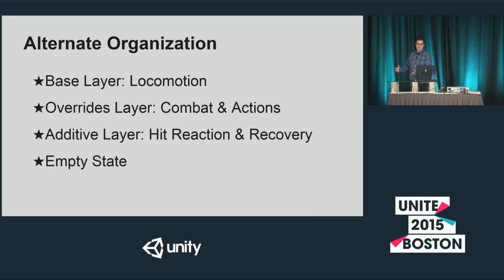You put combat actions. You can have multiple override layers for different weapons depending on your organization. And then an additive layer for things that you want to just get added on to everything else, an example being hit reaction. So he can be doing an attack, or any character can be doing something, and then they get hit, and they can react to it without having to just snap into their reaction animation.